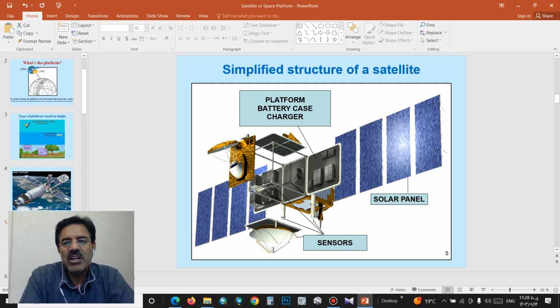Simplified structure of a satellite: platform, battery case, charger, solar panel, and sensors are the important parts of a satellite.